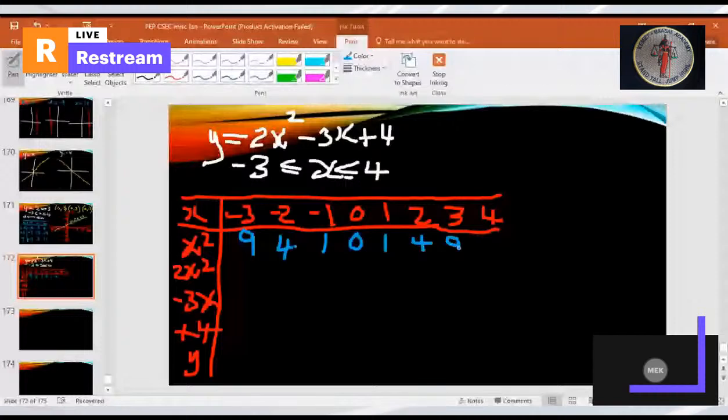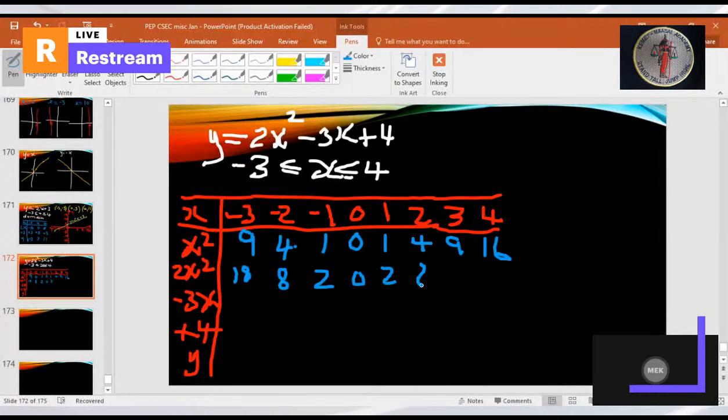Then we multiply these x squares by 2, so 2 times 9 is 18, 2 times 4 is 8, 2 times 1 is 2, 2 times 0 is 0, and so on, up to 2 times 16 is 32. Now we go to the x's: the next term is negative 3 times x.